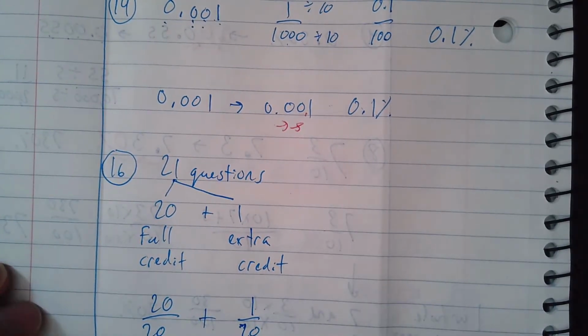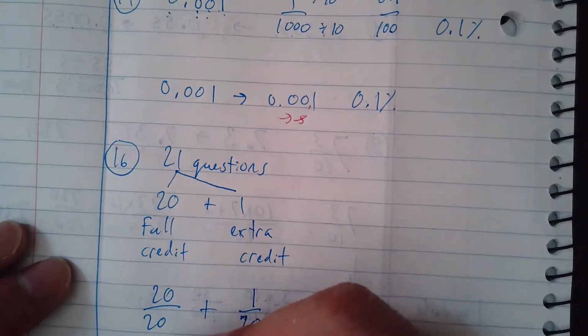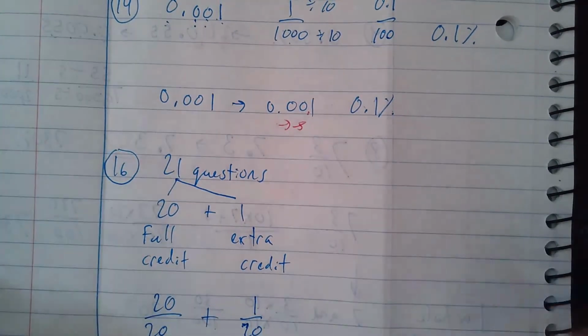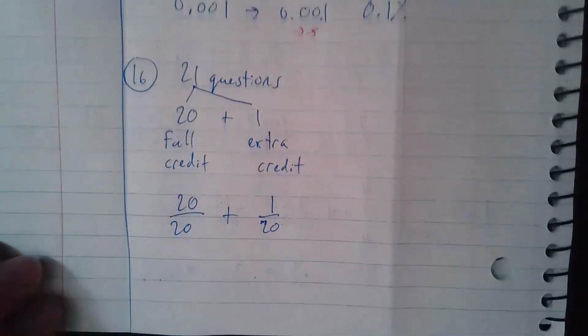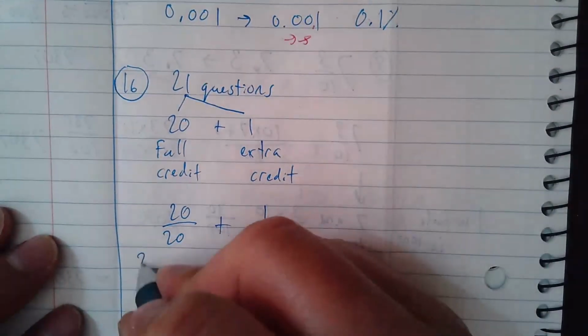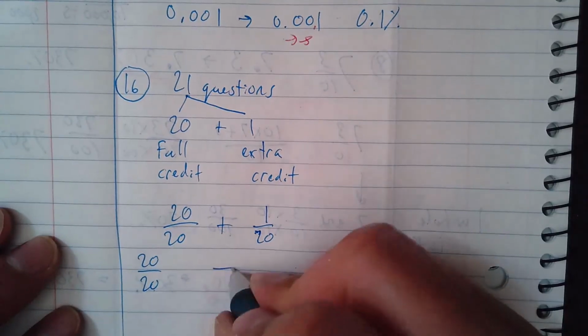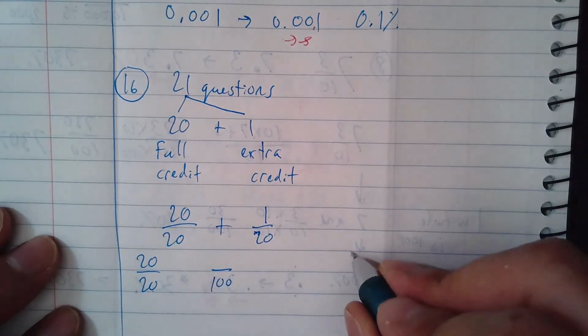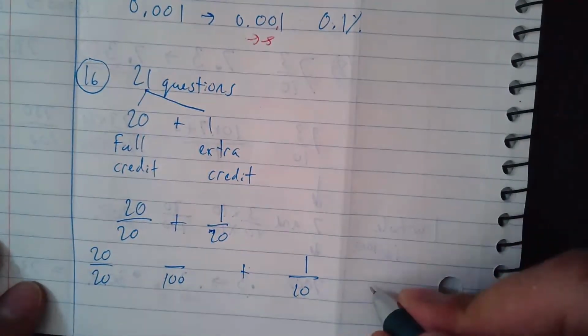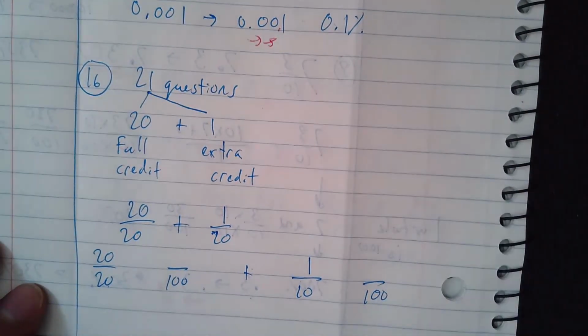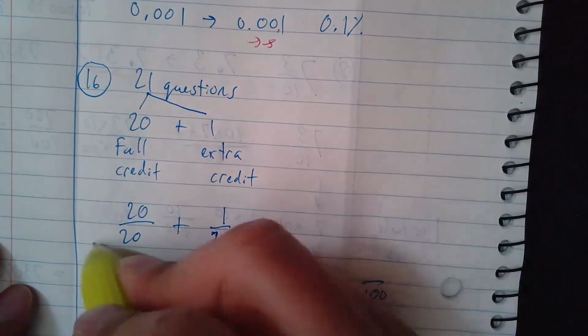We want this to be a percent. Okay. 20 over 20. Many ways to do this. I think the easiest thing to do would be to find denominators of 100. So 20 over 20, want the number to be 100, plus 1 over 20. I'm going to put parentheses just so I can keep things nice and organized.